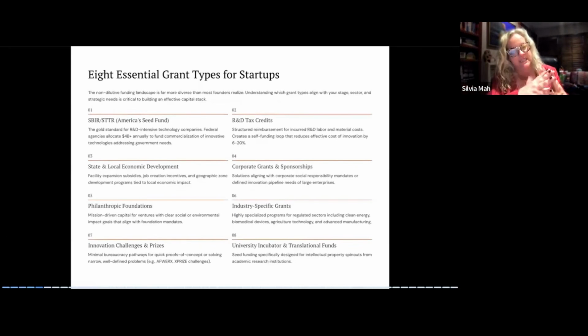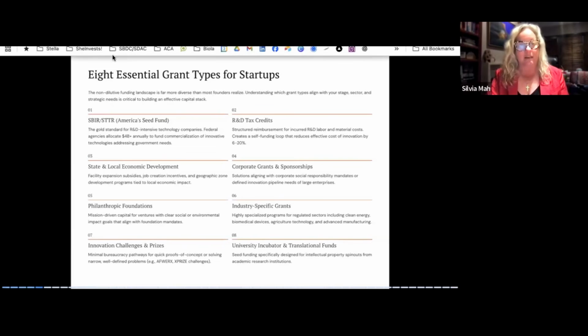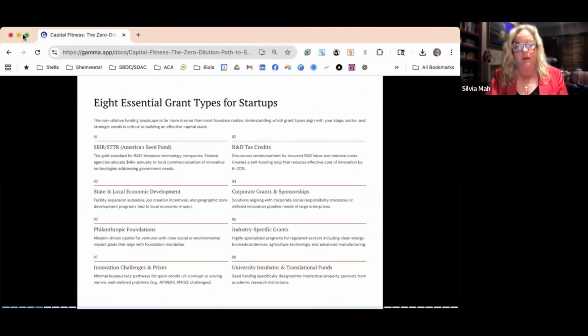So this SBIR STTR, America's Seed Fund, is the gold standard for R&D. And we actually cover that at the SBDC. We have a whole writing workshop that allows you to get really great SBIR, STTR grants out the door. That does not mean that you might get them, but we give you that resource.